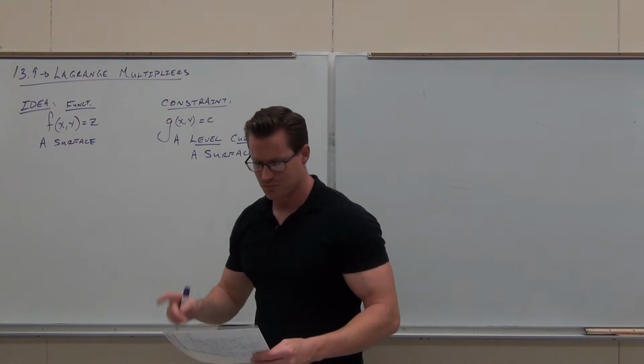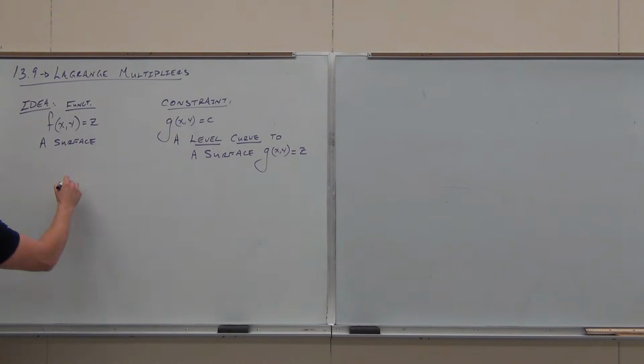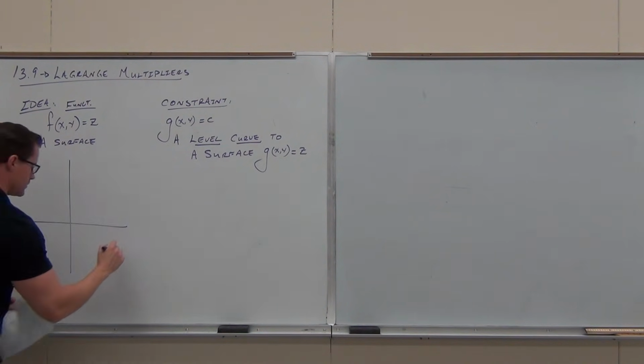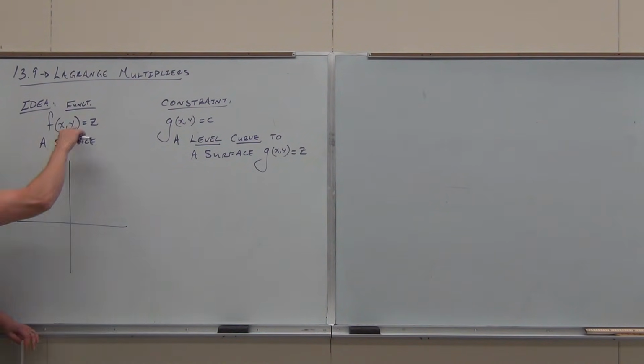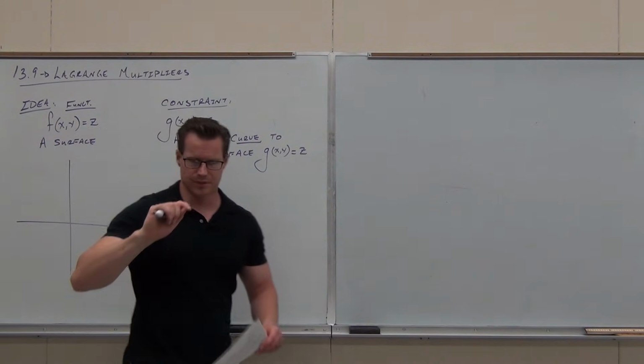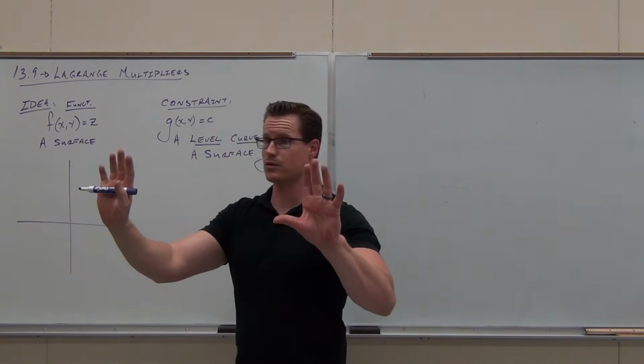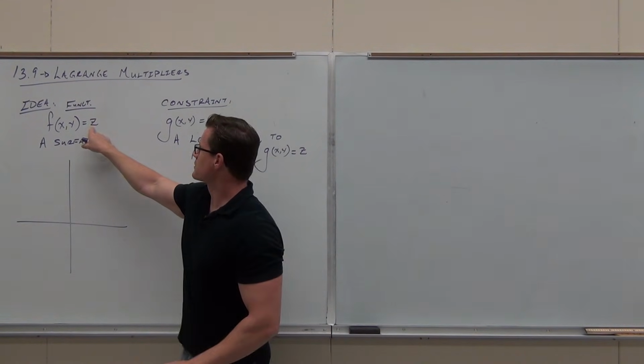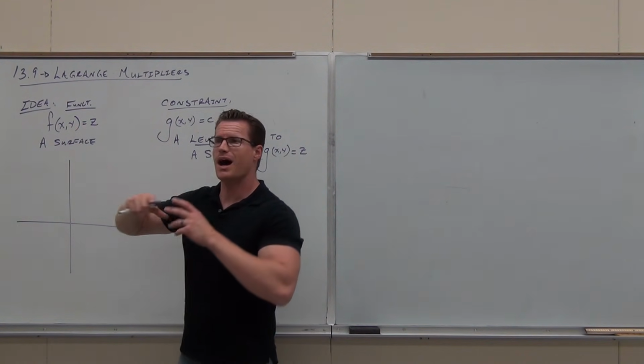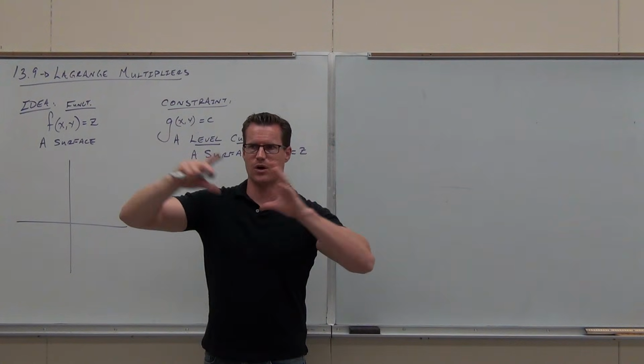Now, consider this. If I set, please watch carefully, you don't blink, you'll miss it. If I start setting this one equal to constants, I'm going to get a whole bunch of level curves. You guys get it? A whole bunch of them.